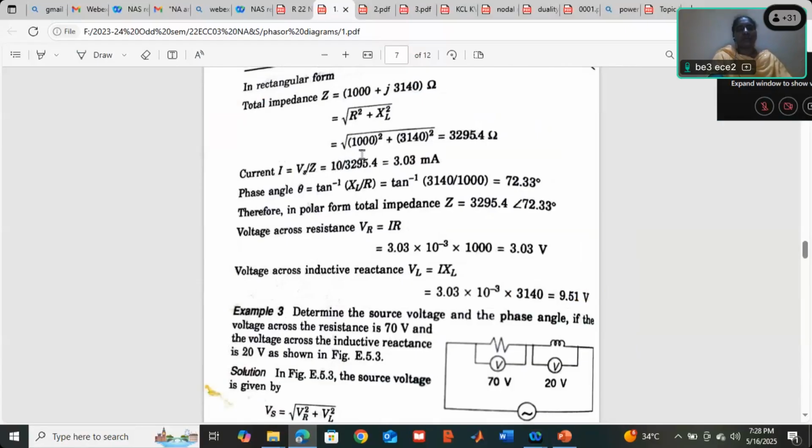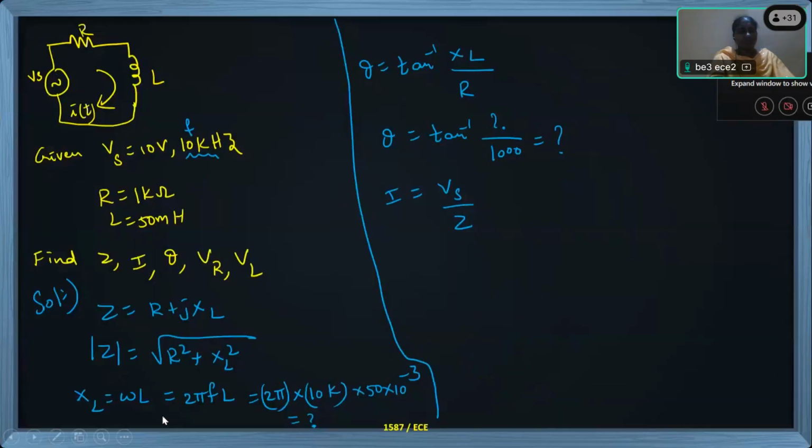So 10 by the Z value will give the current. Once the current is ready, current into resistance is the VR value, and current into XL is the VL value. So very, very simple.